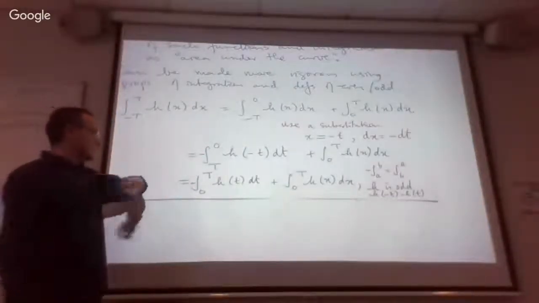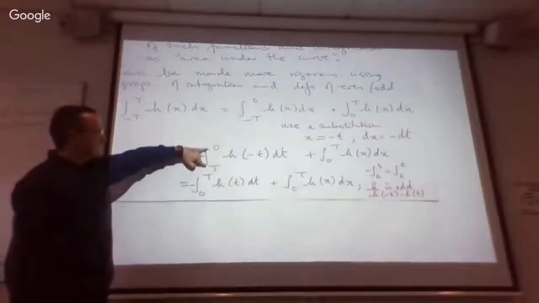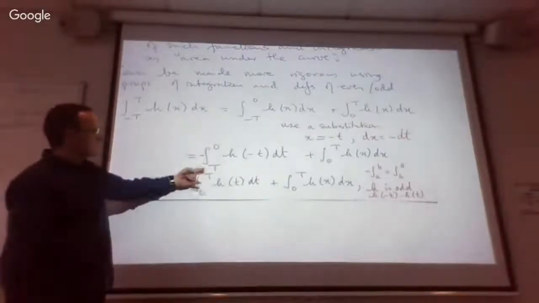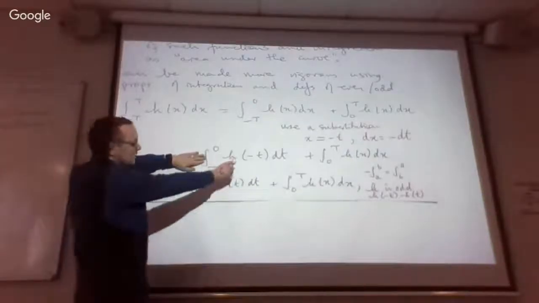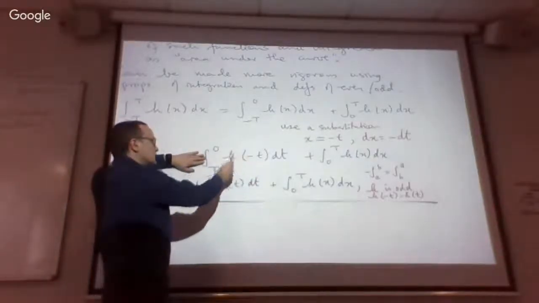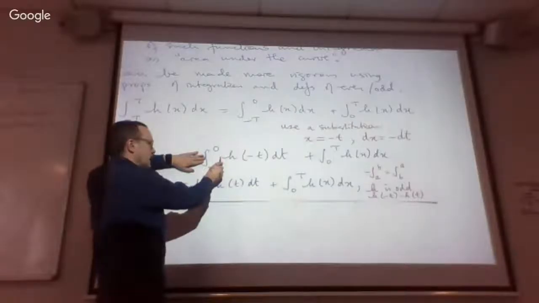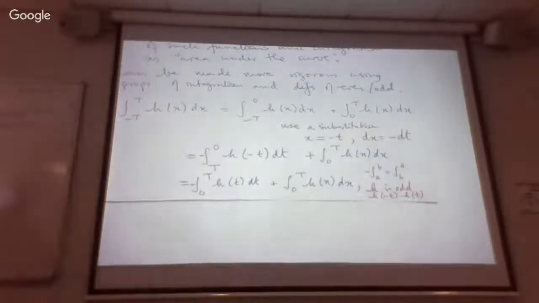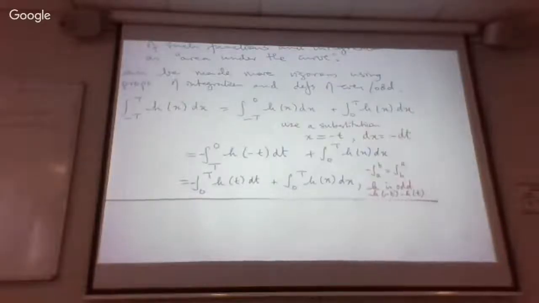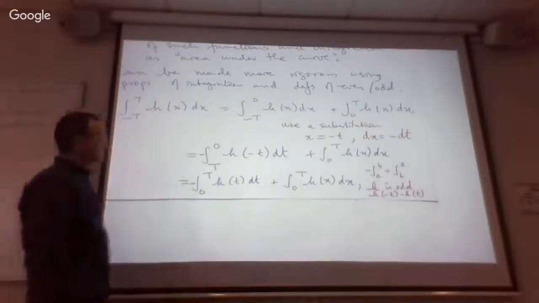There's minus signs flying everywhere, but this minus sign, I can use that one to flip the limits. So that minus sign disappears. It's going to pop back out again because out of this one, h of minus t, h is odd, so the minus comes outside and continues outside to here. Or you can use the other minus sign to do the other job. It just depends how you tell the story. But this is the end point.